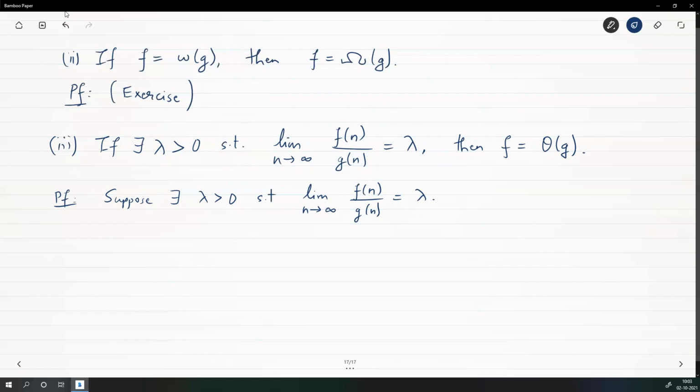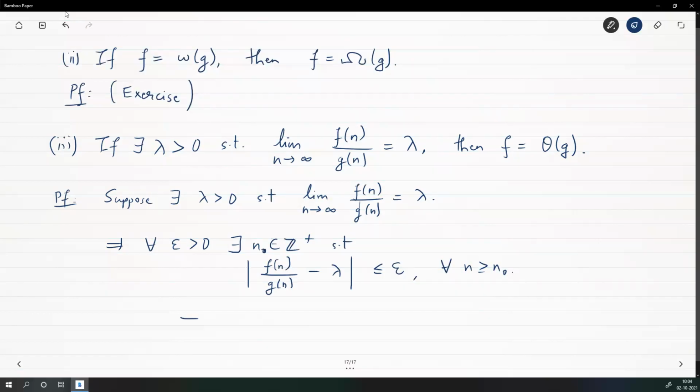This means, just by the definition of the limit, nothing else, that for every epsilon greater than 0, there is an n naught, a positive integer, such that, since it is a positive number, the ratio could sometimes be greater than lambda and sometimes less than lambda, so we need to include the modulus sign: modulus of f of n by g of n minus lambda is less than or equal to epsilon, and we will stick to less than or equal, for all n greater than or equal to n naught. This is what we have.